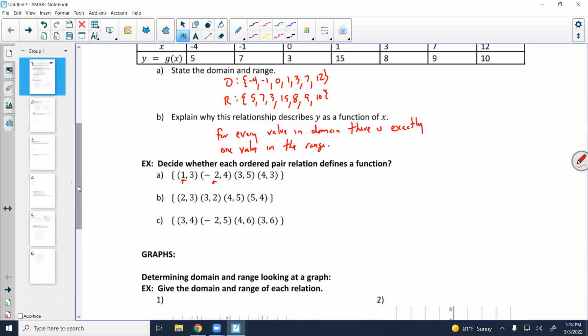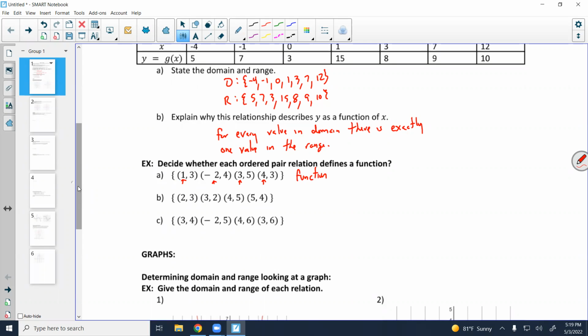I have an x value of 3, gives me a value of 5, again, one value. Now this is the tricky part. This says that every value in the domain, or every x, has exactly one y. It doesn't say that every y has exactly one x. So this is okay. This would be a function. Be careful of that.